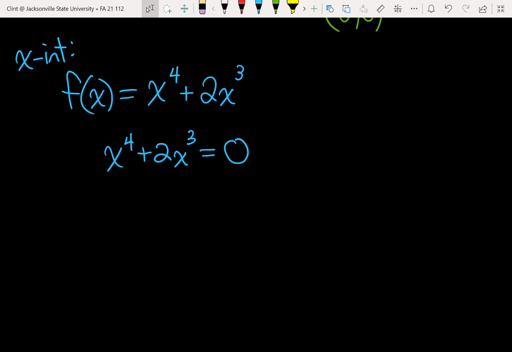The only thing we can really try to do is to see if we have anything in common, and see if we have a greatest common factor we can factor out. And so here we do, we have x to the 3rd in common. So we can factor out x to the 3rd. That leaves us with x plus 2.